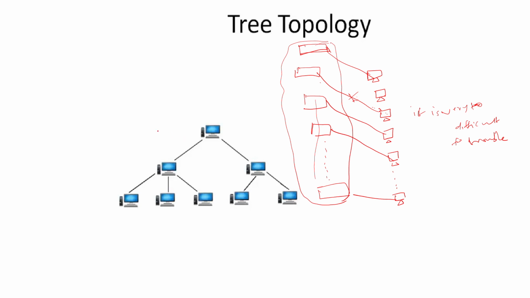tree topology came. See, in tree topology, suppose we have a floor here and it's divided by 2. We have a floor here, it's also divided. We have another floor divided, and multiple devices in each floor.